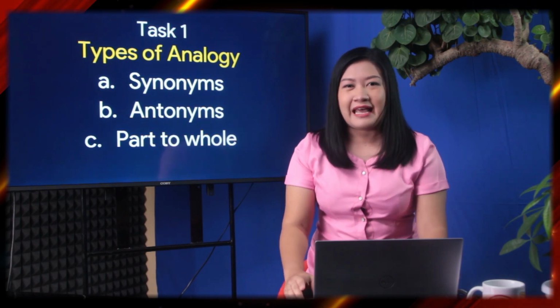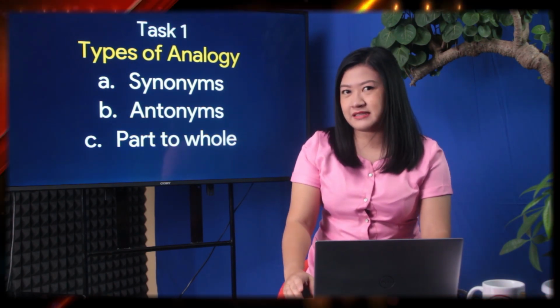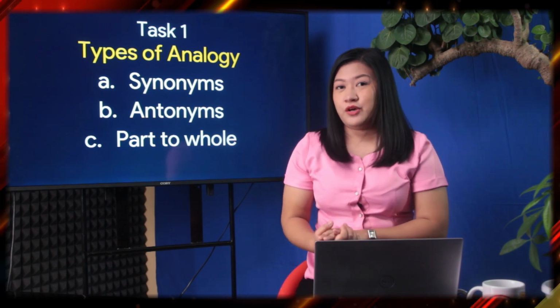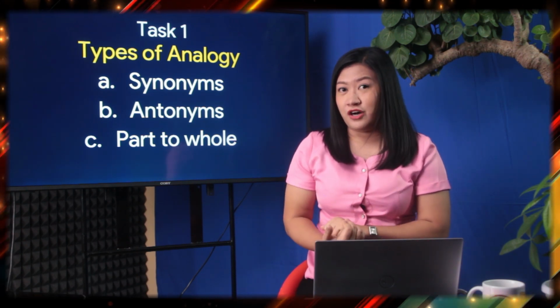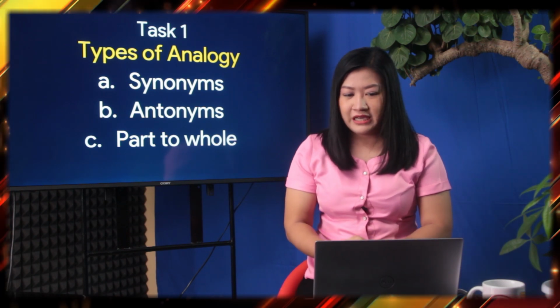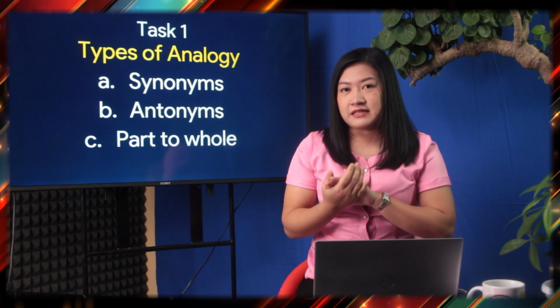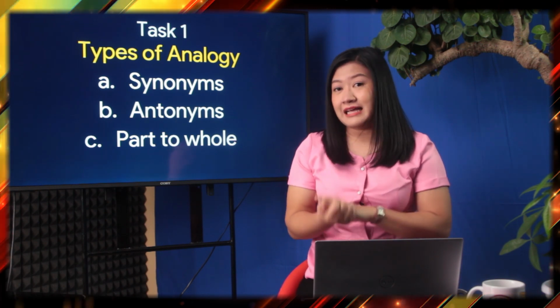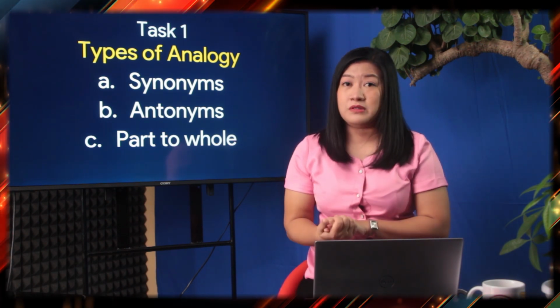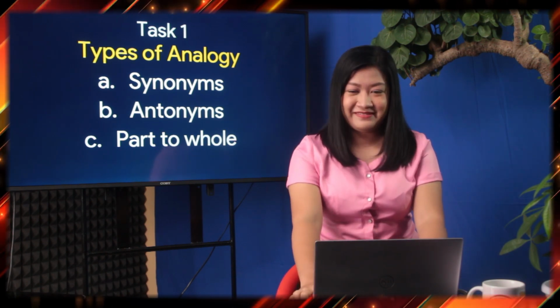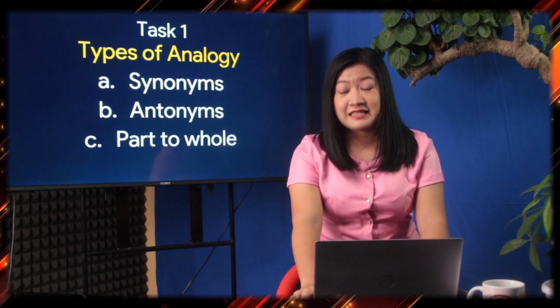So let us answer the following tasks as a sort of review of the previous episode on analogy. You will be telling me whether it's a synonym, an antonym, or a part-to-whole type of analogy. Are you ready? If you're ready, let's begin with task 1A.